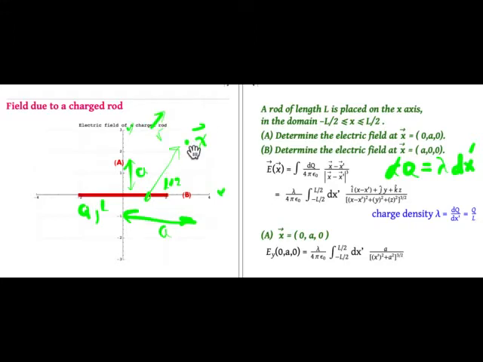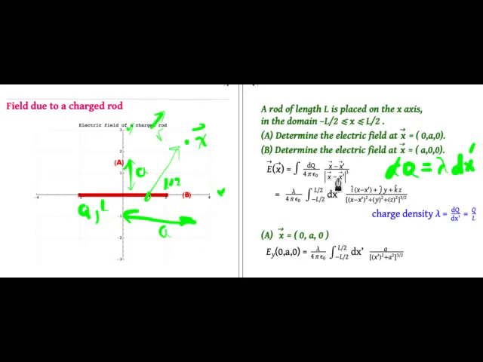So it's x minus x prime in the x direction. It's y in the y direction. It's z in the z direction. So it's i hat x minus x prime plus j hat y plus k hat z, divided by the length of that vector. So that'll be x minus x prime squared plus y squared plus z squared to the 3/2 power.